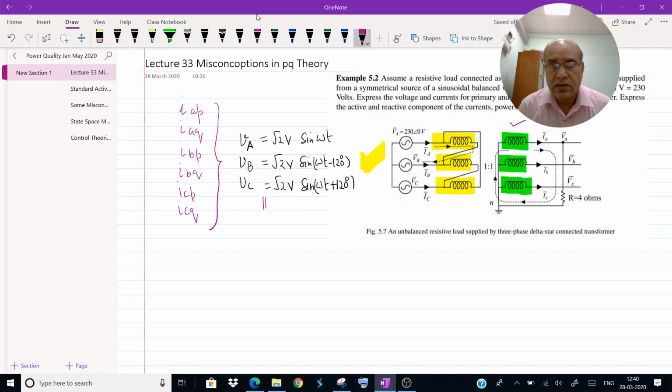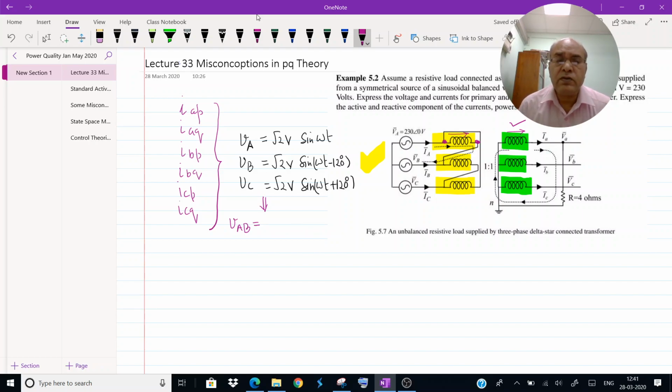Now from this you can find the line to line voltages, because this winding and this winding have a 1:1 transformation, but this winding actually has a line to line voltage, because this is a line to line connected primary winding. You can see it from this to this. This point is B, this point is A, and hence VAB appears across this winding.